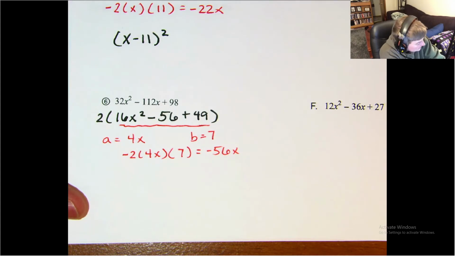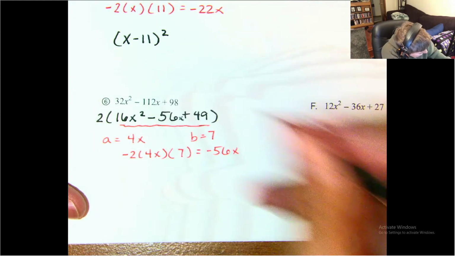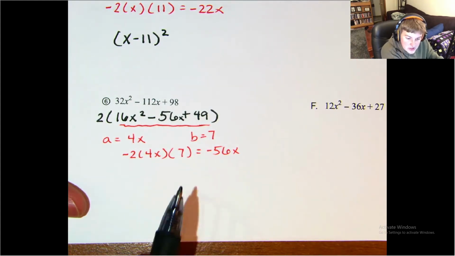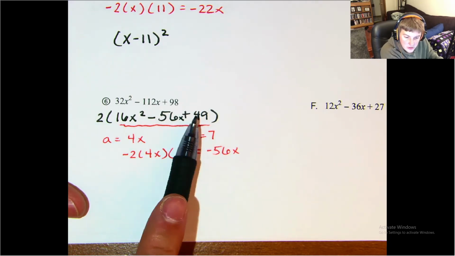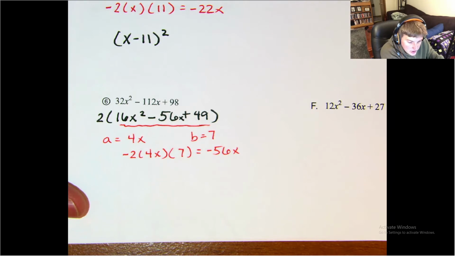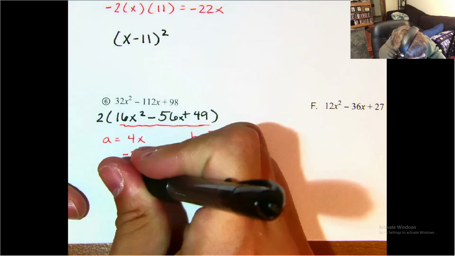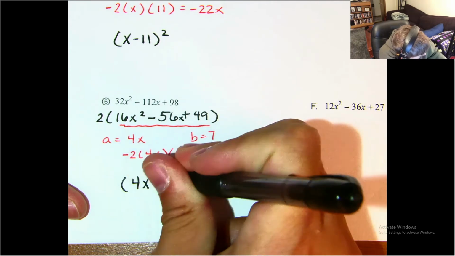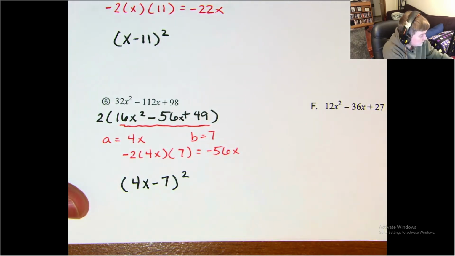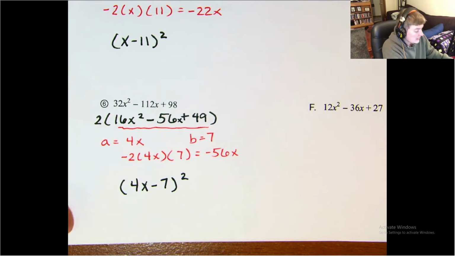And it looks like I did forget to write my x right here, so I'm going to put that in there. So this does check out, right? This squared, and then this matches up. So this is just going to factor into 4x minus 7 squared.